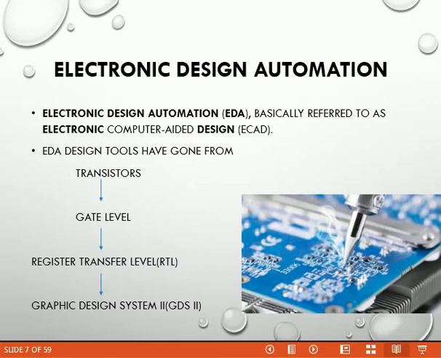As the system becomes complex, it will not be feasible to draw that circuit, nor possible to build it on a breadboard. So we require an automation solution, and since we are designing electronic systems, we require electronic design automation, which is nothing but electronic computer aided design.